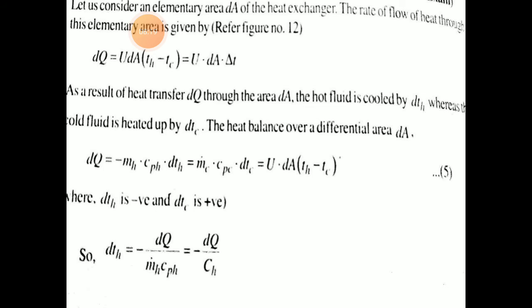Heat will be rejected from hot fluid, so minus sign is written: minus mH CPH dTH, which is equal to mC CPC dTC, which will be equal to U dA (TH minus TC).